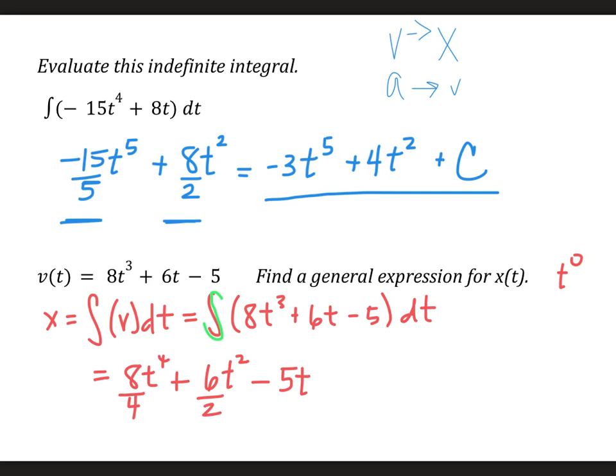And again, there would be a constant added to this. You could call it c, but since we know that we are determining an expression for x of t, this constant means something. It's the value of this function when the time is 0.